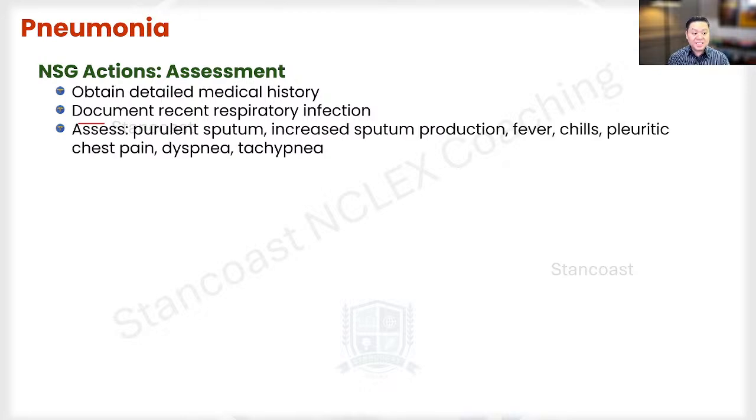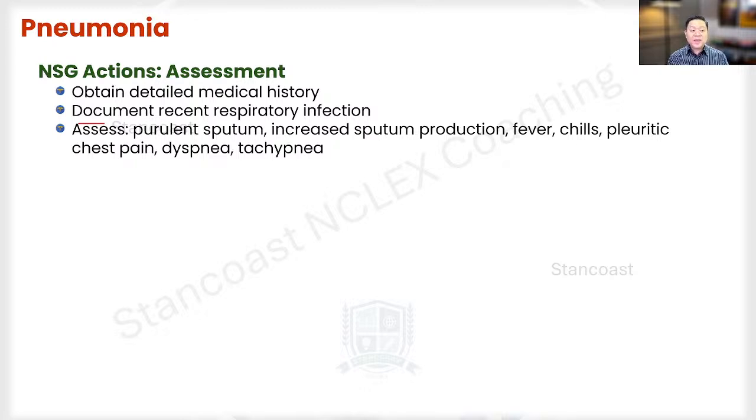Maybe a COPD, or it could be diabetes or heart disease, or maybe some form of social history, maybe smoking, alcohol use, or their living conditions. Are they living in a very crowded living environment, or are there any kind of occupational exposures or hazards at work? So make sure that you have this information as well.